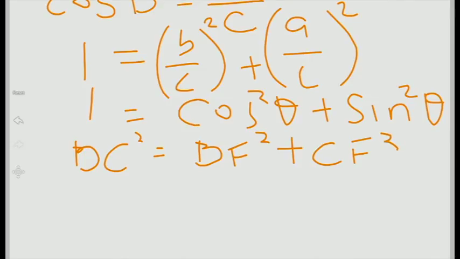What is CF? What is BF? Initially our triangle didn't have F. When you're given any triangle with sides and angles, you won't have F. You will have the full sides but not F. So how do you find this now?